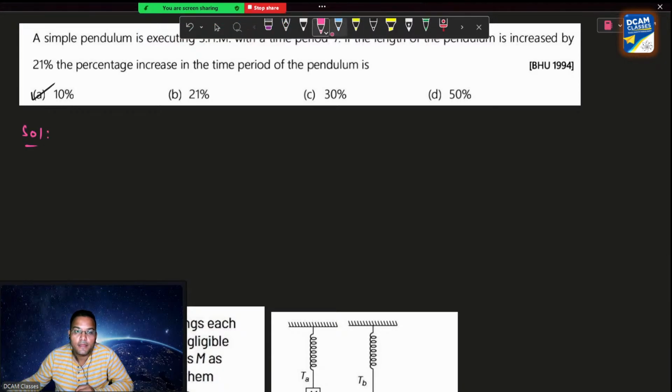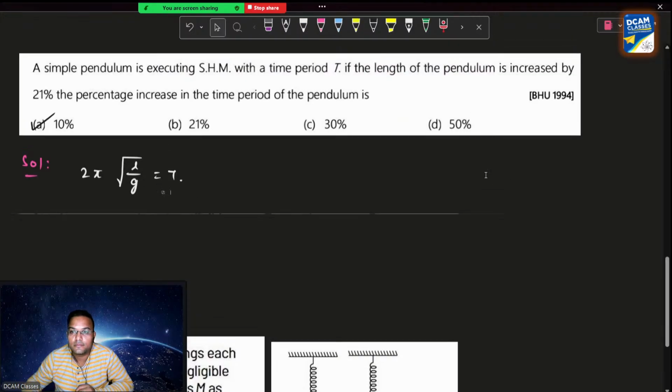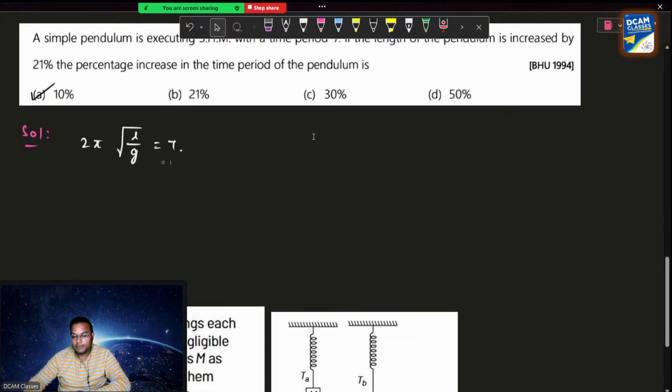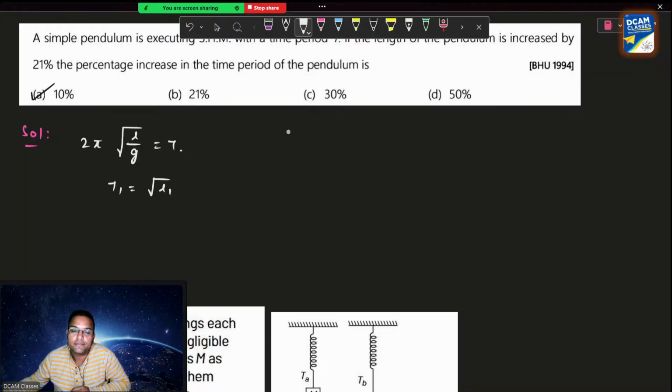The length of the pendulum is increased by 21%. Because 2 pi and g are constant, T1 is proportional to root L1, T2 is proportional to root L2. If we take the ratio, you will get T1 by T2 is equal to root L1 by L2.